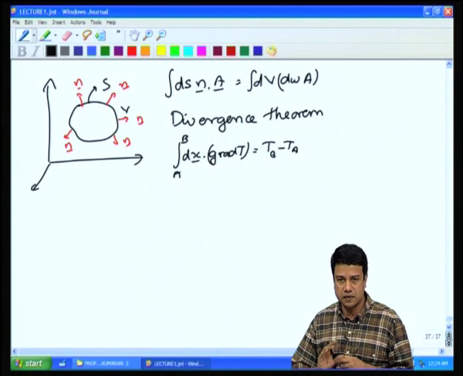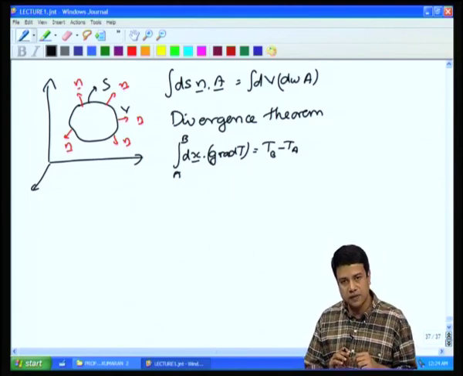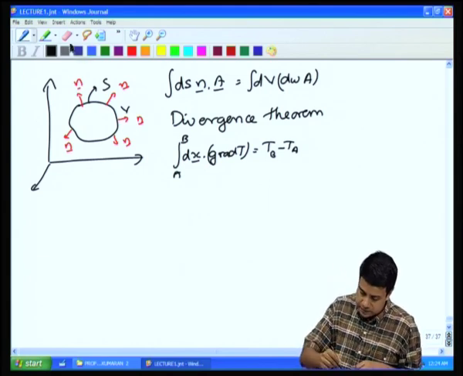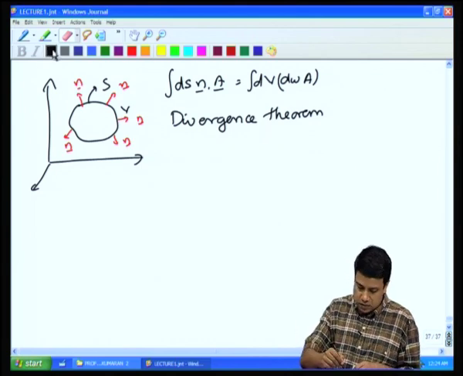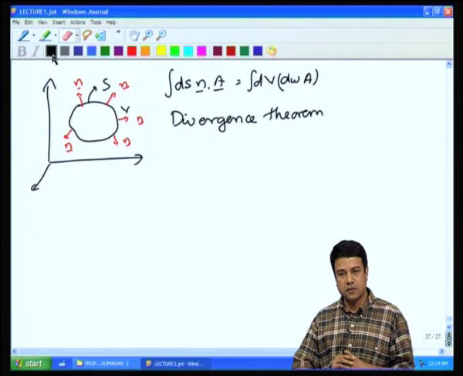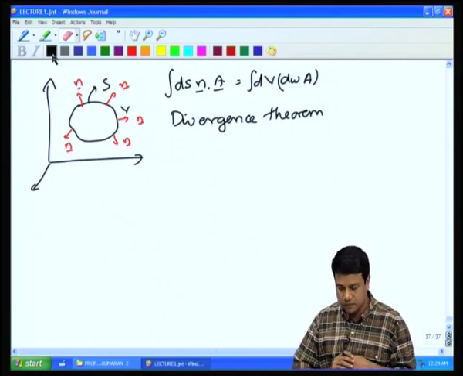So, for the gradient, the integral theorem related the integral along a line to the difference at the endpoints, whereas for the divergence, it relates a surface integral to a volume integral. So, let us try to explain how this comes about. Let us first take the integral over the volume.